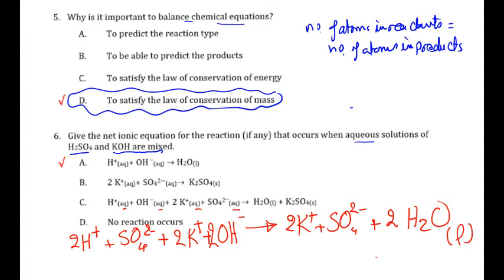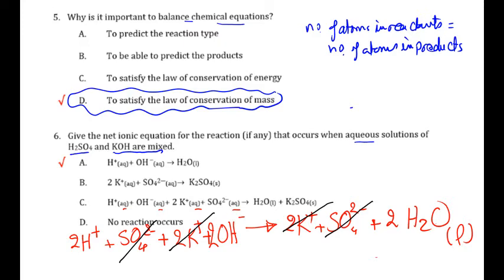Okay, the next step is to cancel out the ions that are repeated on both sides. We call those ions spectator ions. So look for SO4. I have 1 SO4 on the left side. We'll cancel it out with 1 SO4 on the right side. 2 potassium ions on the left side will get cancelled with the potassium ions on the right side.